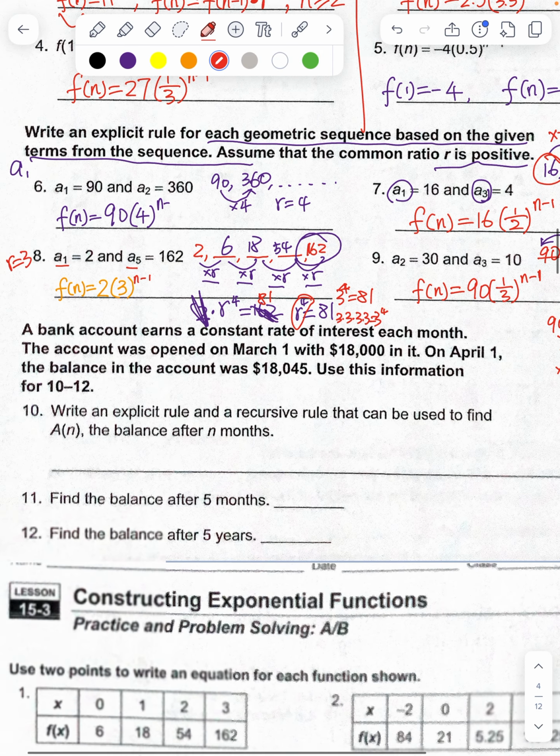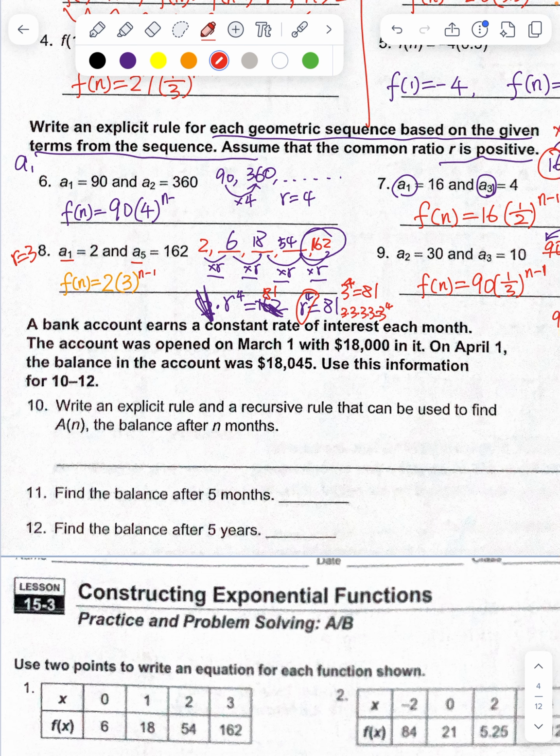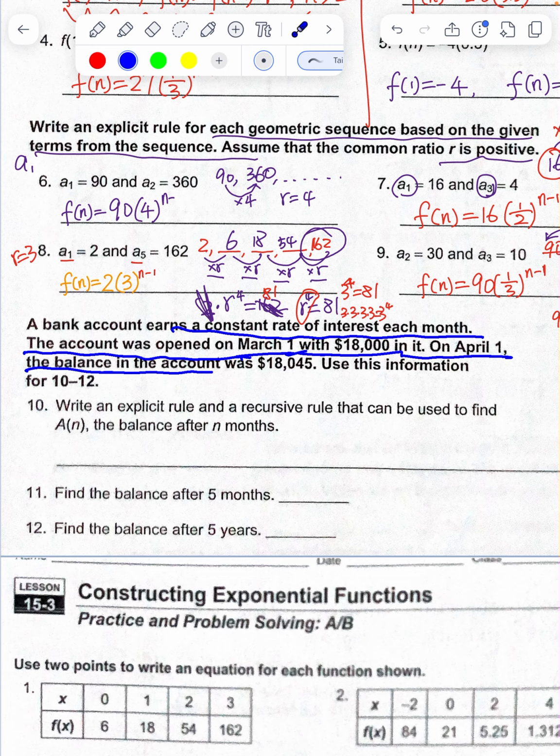Number 10. It's a word problem. A bank account earns a constant rate of interest each month. The account was opened on March 1st with this. April 1st, the balance in the bank was this. Use this information for 10 to 12.